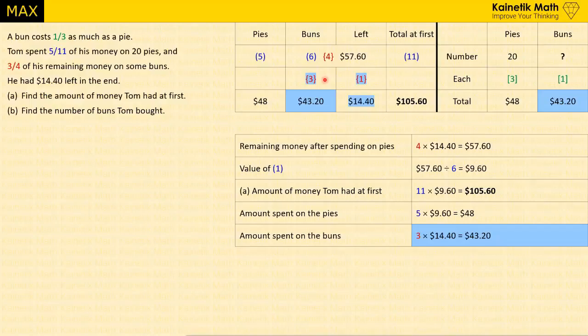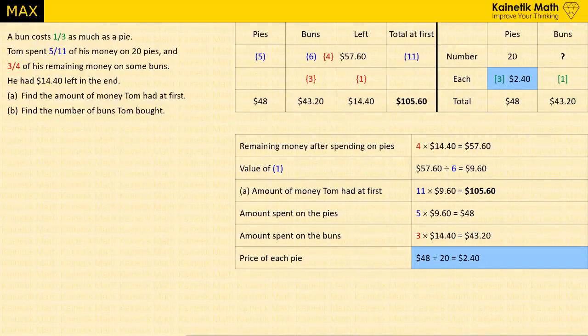Right, so we knew here 1 unit is 1440. Now we want 3 units, so we just take 3 times 1440, and that gives us 4320, which we'll then write over here. So now we can see this part here, we have more information, or the critical information that we need to be able to solve the problem. Okay, but before that, we still need to find the price of the pies.